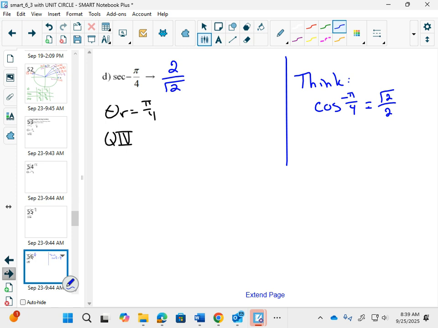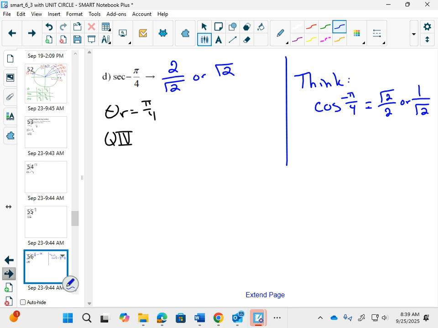Now, you might remember from our special triangles that we had originally written this as 1 over root 2. So another way of writing 2 over root 2 is root 2. Important to see those things because if it's a multiple choice question, it might be in one form or the other, and so you have to manipulate.